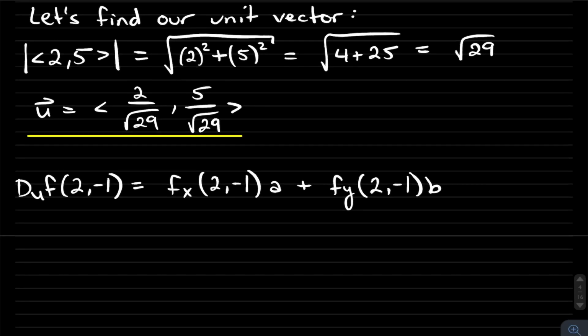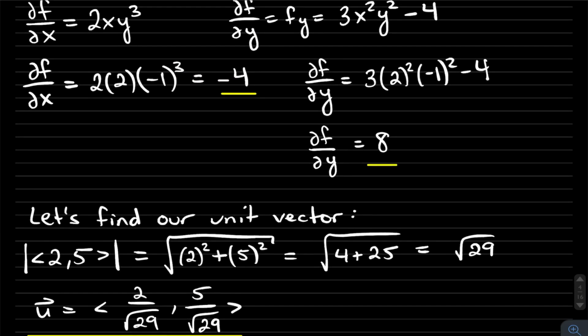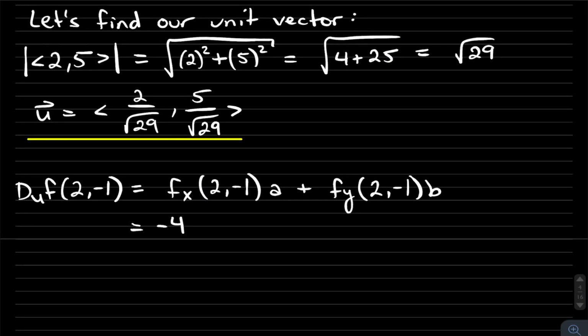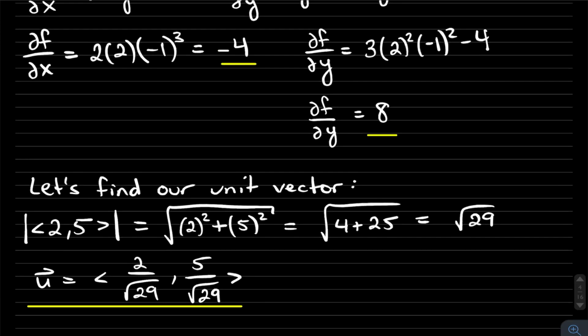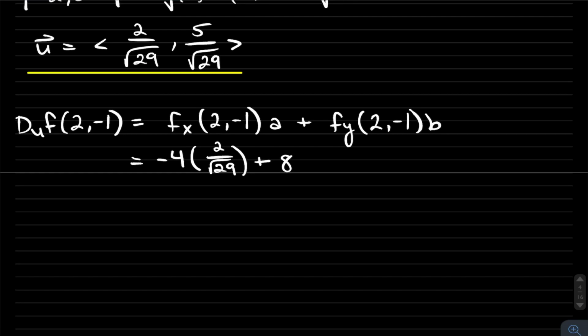That's what our formula says. And what's our partial derivative with respect to x? It's -4. So we get -4 times a, which is 2 over the square root of 29. And then we have f sub y, which is 8, multiplied by b, and you get that.